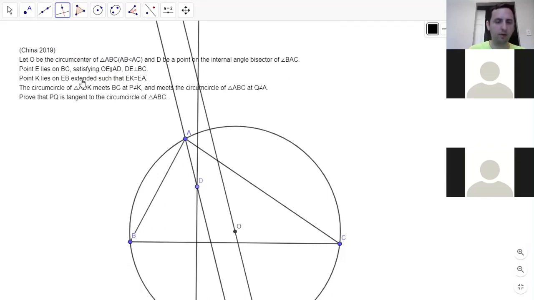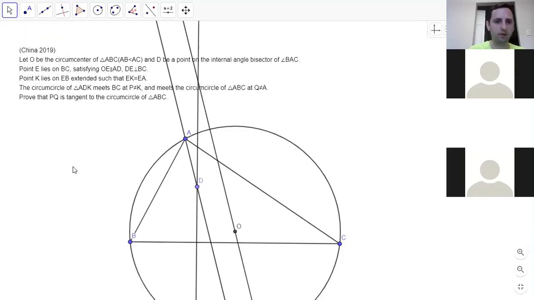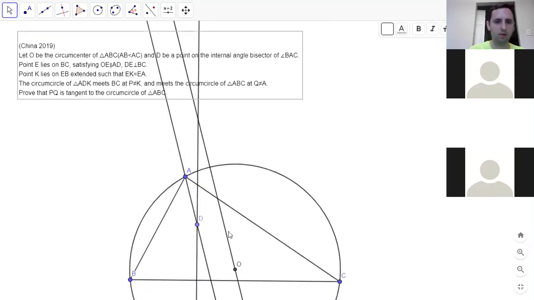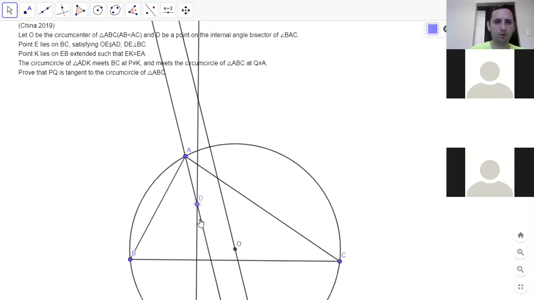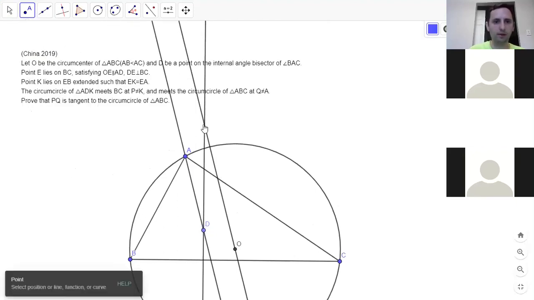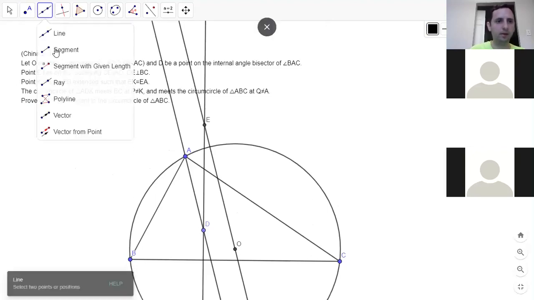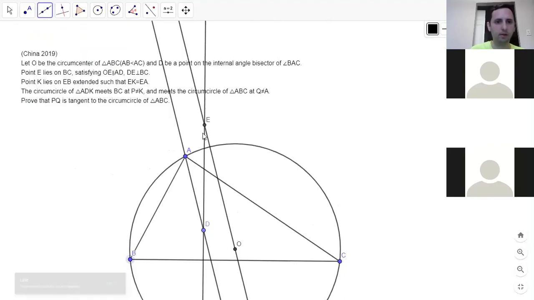Right? So that point right there, maybe I could, there we go. Okay, so that's E, and K lies on EB so that EK is equal to EA.